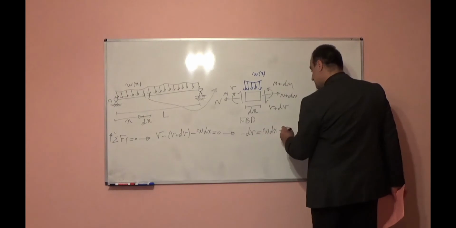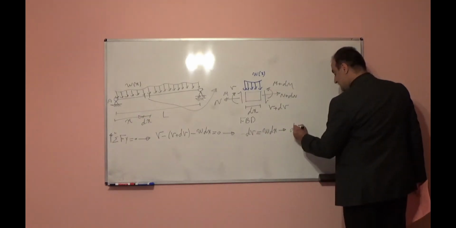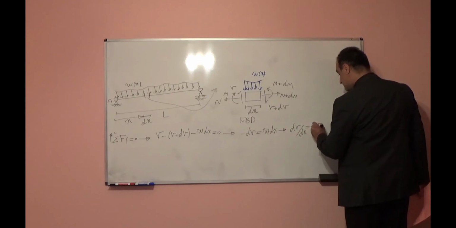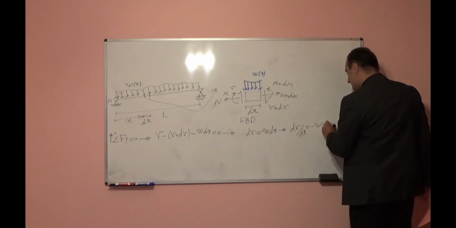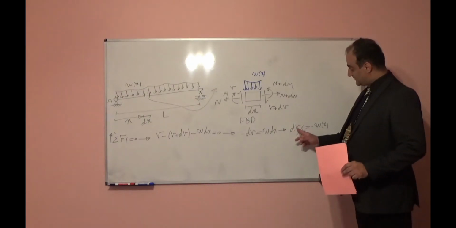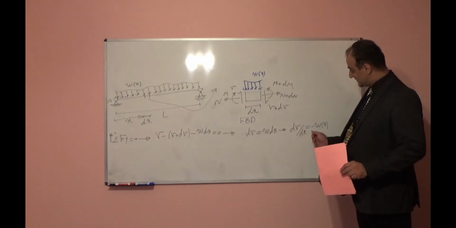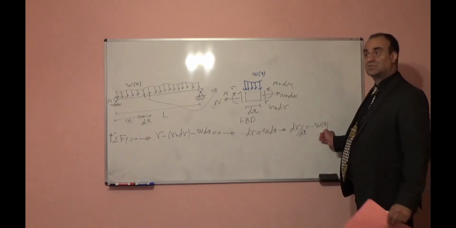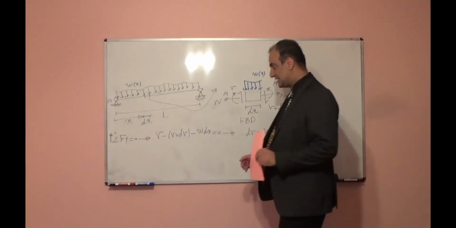From here I can write dv over dx is equal to negative w(x). This means the derivative of shear with respect to x is equal to the distributed load intensity, with a negative sign.